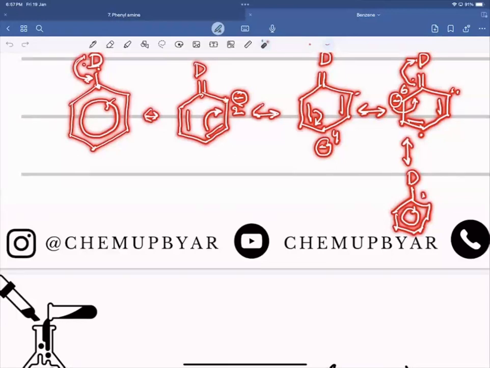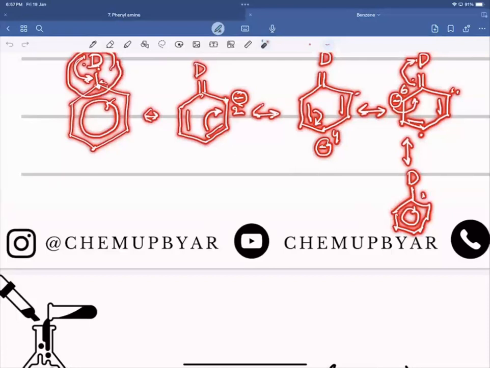Sir, if the bond in the first step is formed on the second carbon, then can the positions be 1, 3, and 5? Sorry, can you repeat again? If the bond in the first step is formed on the second carbon.